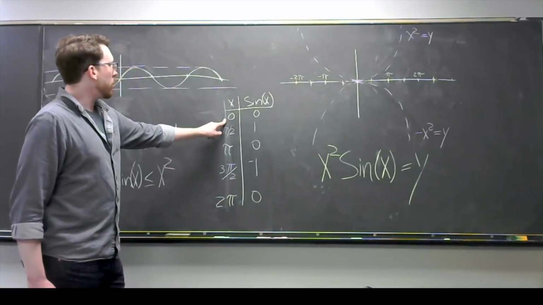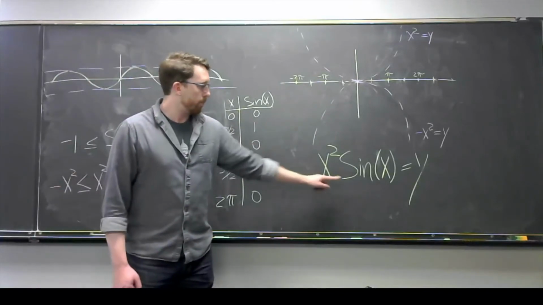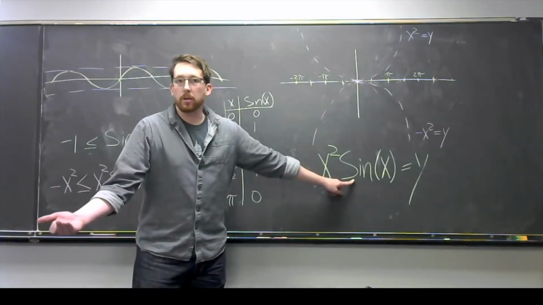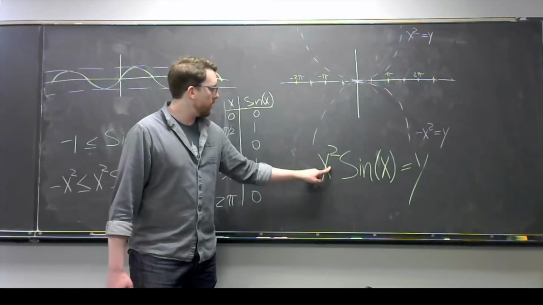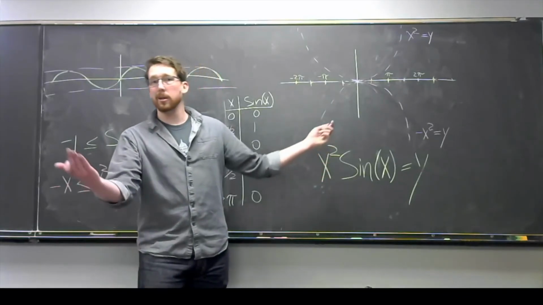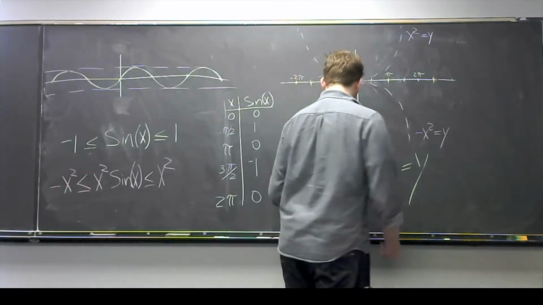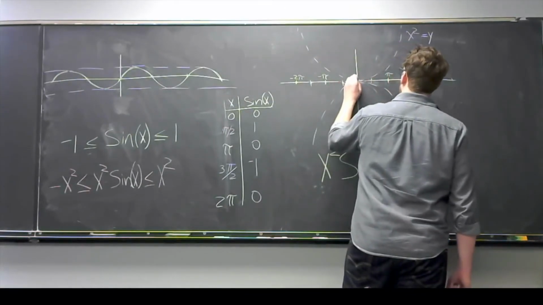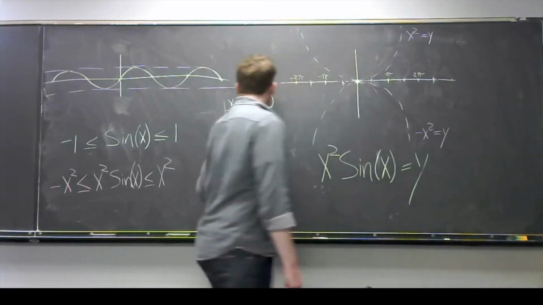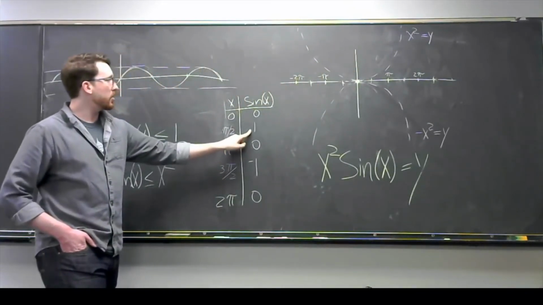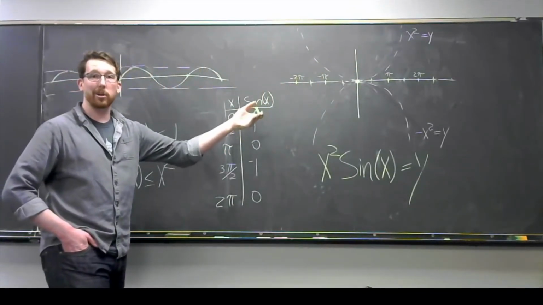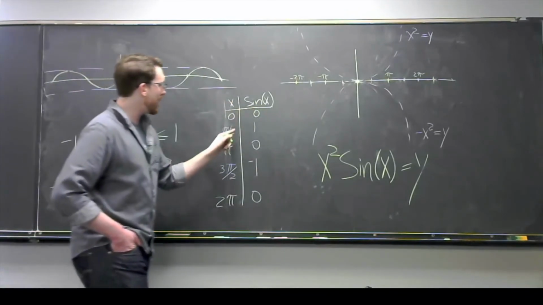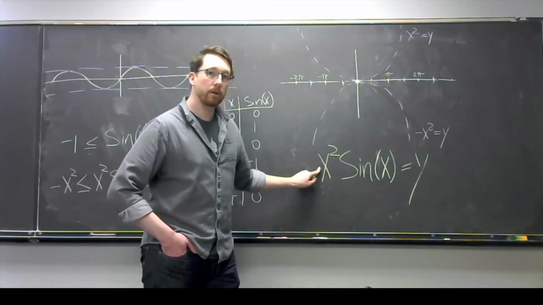At 0, we have 0. Sine of 0 is 0 times 0 squared, 0. At pi over 2, sine is 1, so sine of pi over 2, 1, times pi over 2 squared.